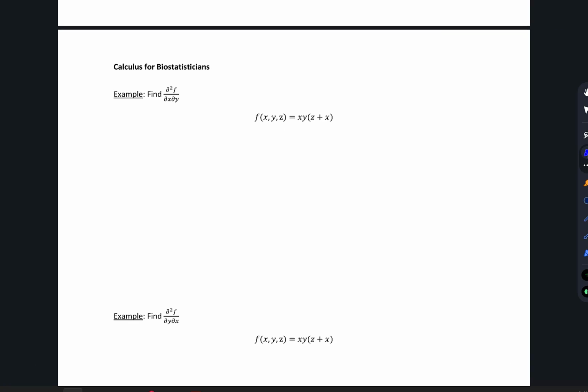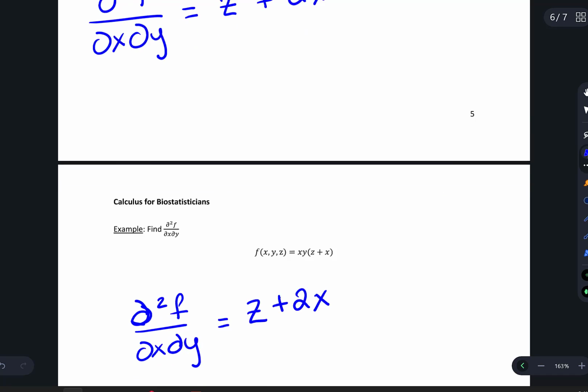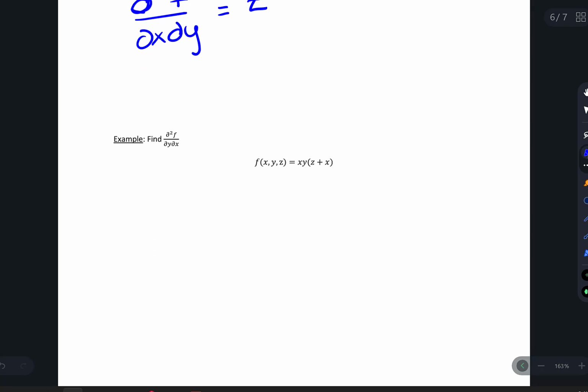So what happens if we reverse the order of the x and the y? Well, on the previous page, we just computed this second derivative, so let's just write it down. What if instead we had first computed the partial derivative with respect to y and then the partial derivative with respect to x?